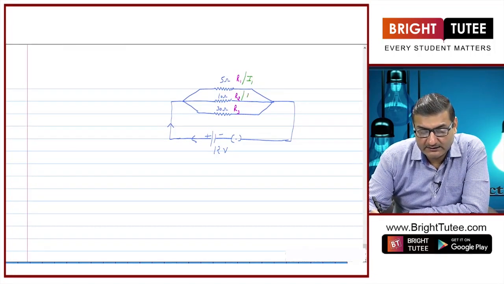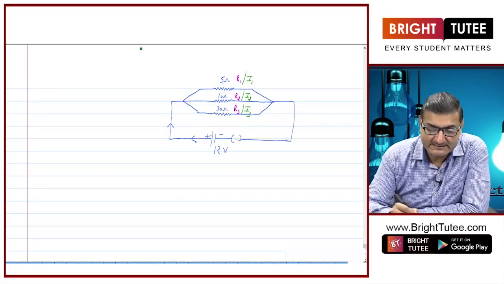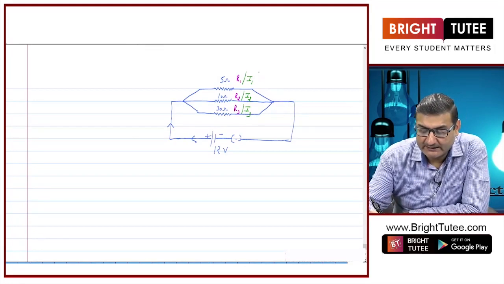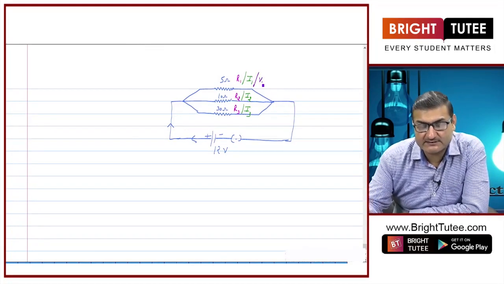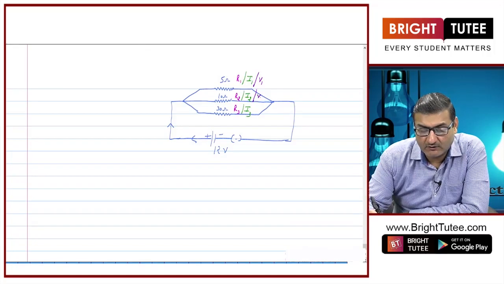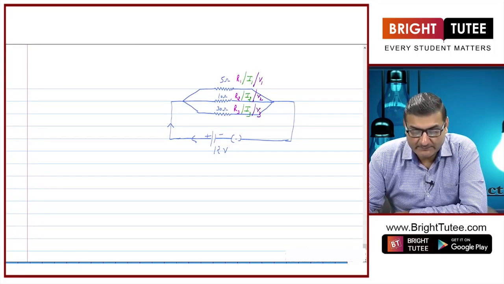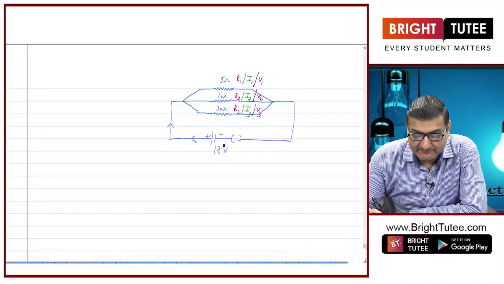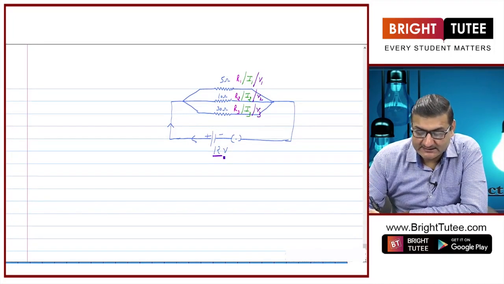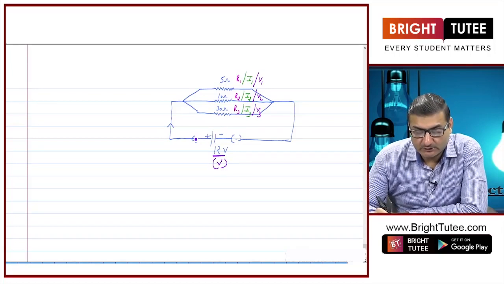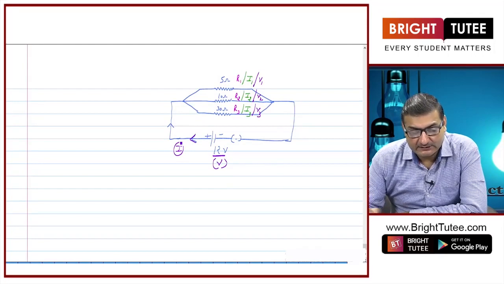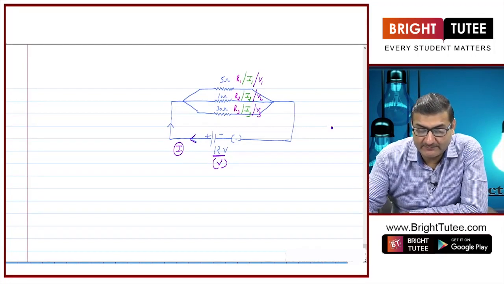The current in the second resistor is I2 and in the third is represented by I3. Similarly, the potential difference across the first resistance is given as V1, V2 in the second, V3 in the third. The total potential difference is this capital V. The total current in the circuit will be capital I. The total resistance will be capital R.